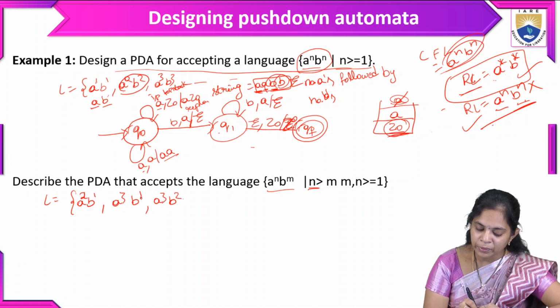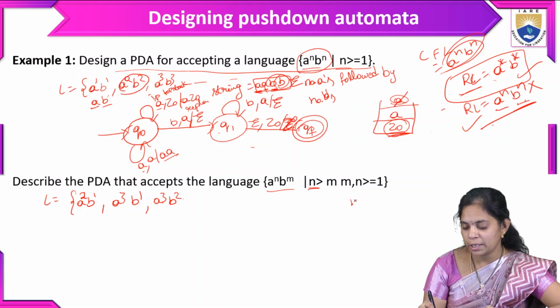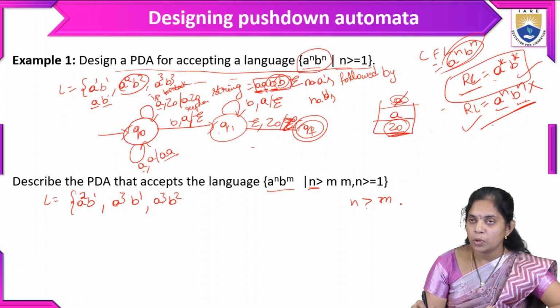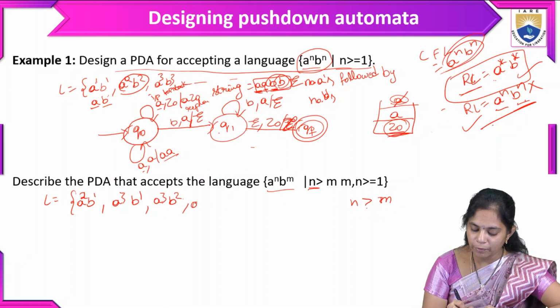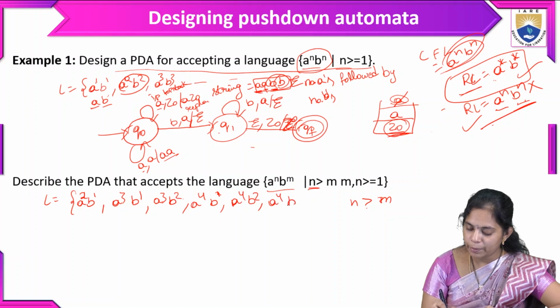Why? Because the condition is just n greater than m. So while taking, we need to construct like this: a power 4, b power 1, a power 4, b power 2, and a power 4, b power 3.